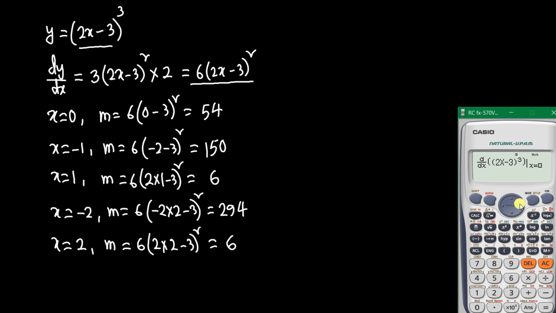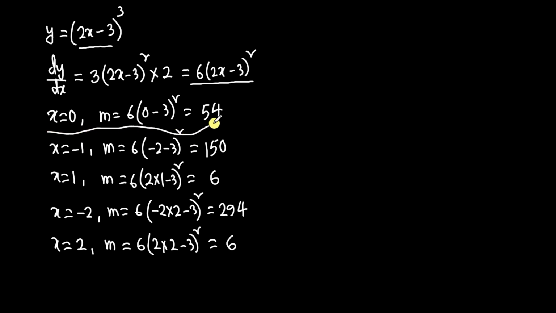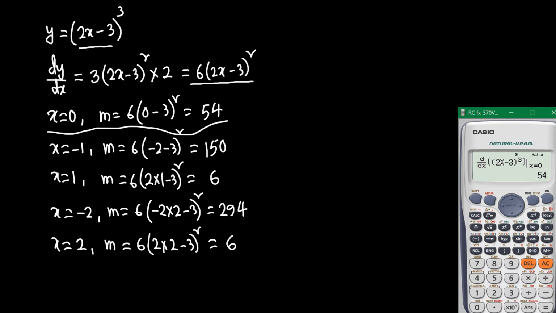Now we are going to put our value instead of x. If x equals 0, then it gives us the differentiation, and putting the value together, we got the first value, 54. We got it when x equals 0, our value is 54. And next one, let us put the value minus 1, and it gives us 150.